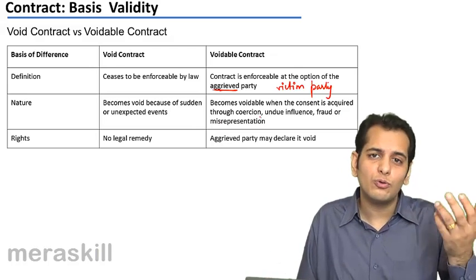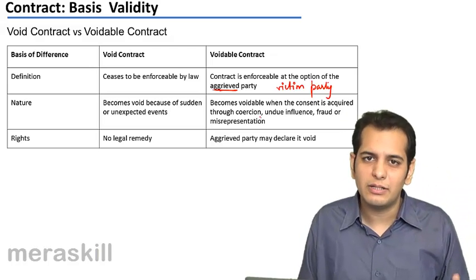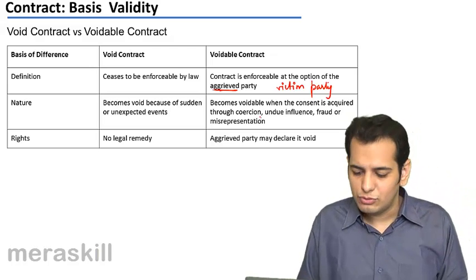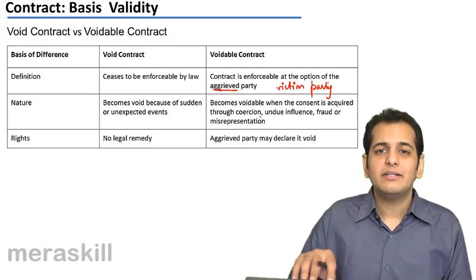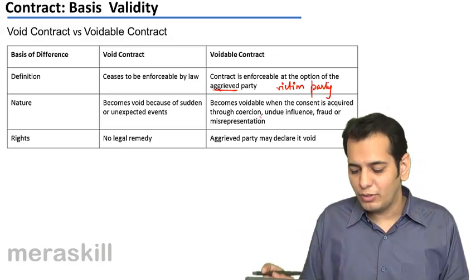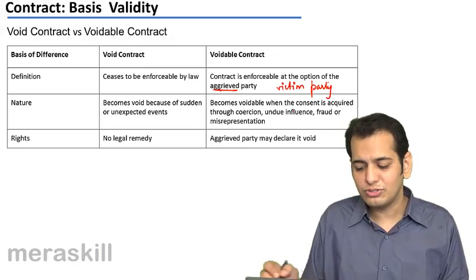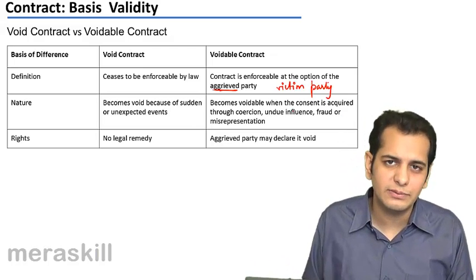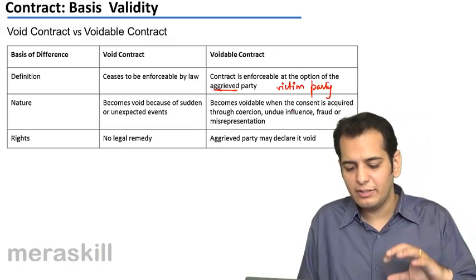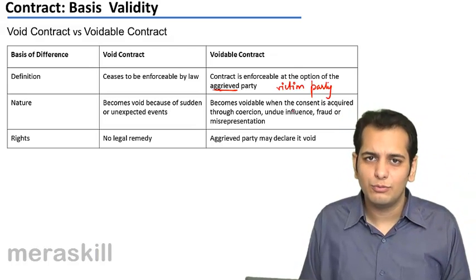You do not know that you are cheating the counterparty, the other party. So, when consent is acquired through all these things, that is coercion, undue influence, fraud, or misrepresentation, we say the contract has become voidable.